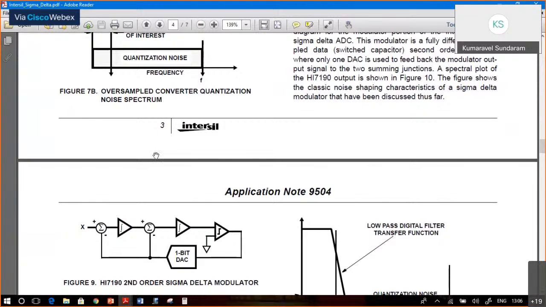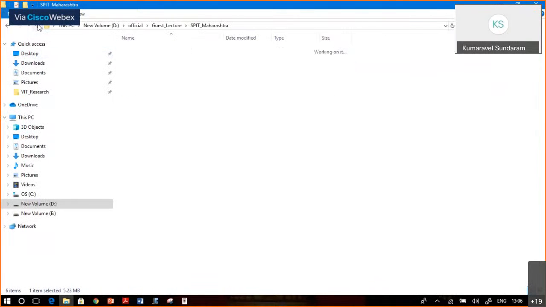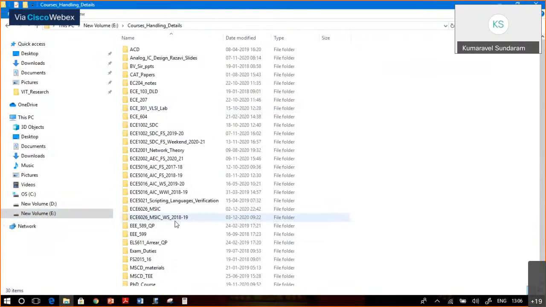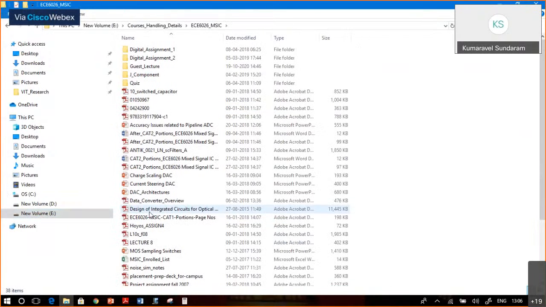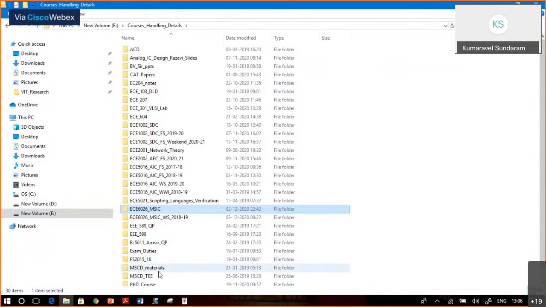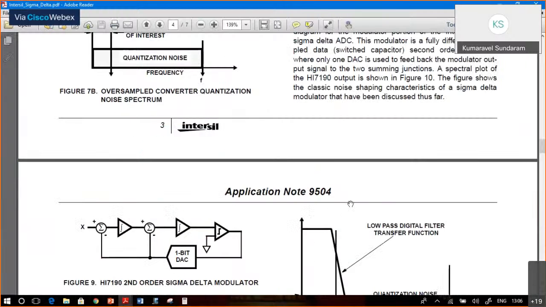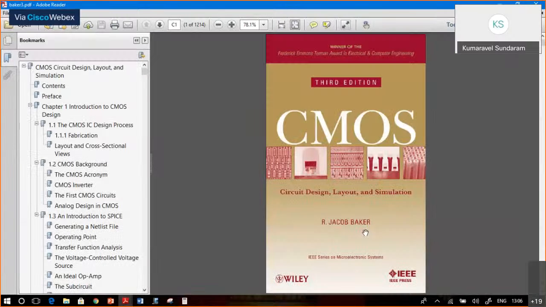The textbook I have followed for this is CMOS Circuit Design, Layout and Simulation, by Jacob Baker.